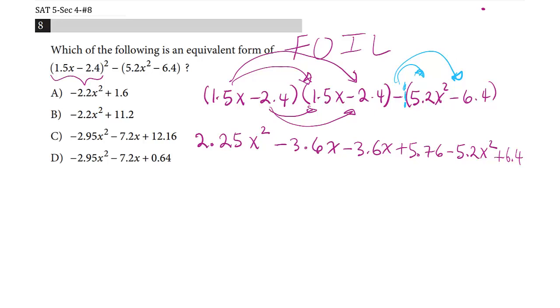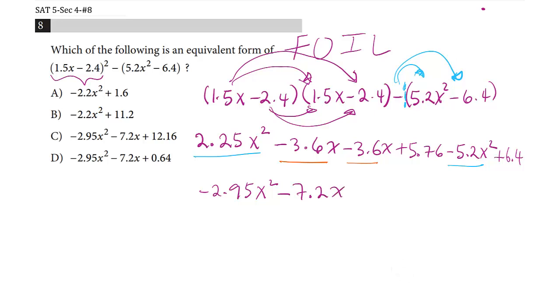The next step is just combining like terms. So we have 2.25x squared minus 5.2x squared, and that's simply going to be negative 2.95x to the second. Next, we'll deal with the x's. Negative 3.6x minus 3.6x becomes negative 7.2x.